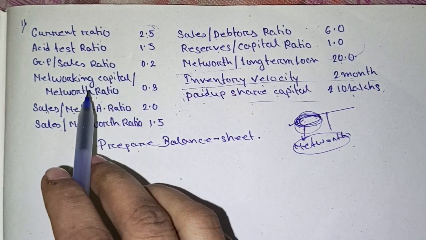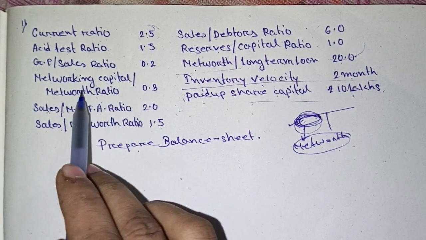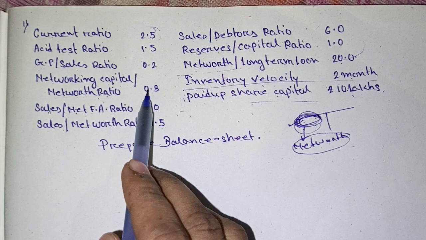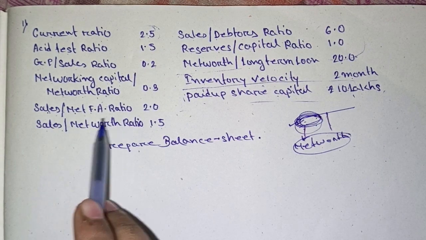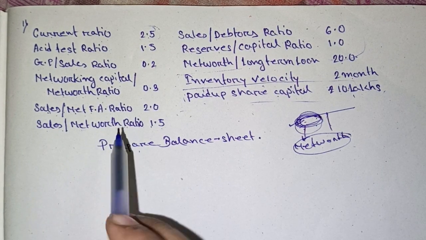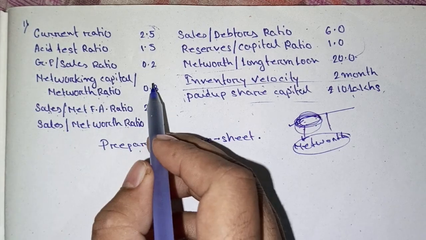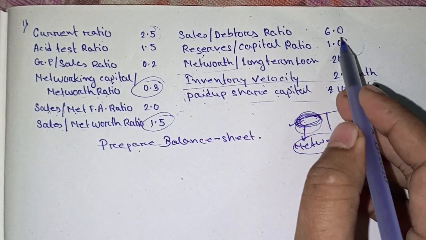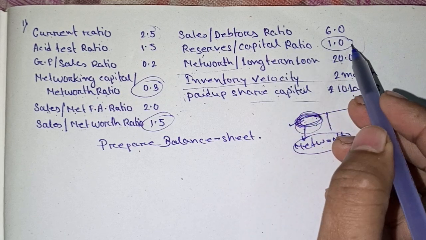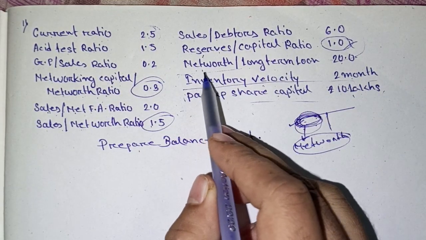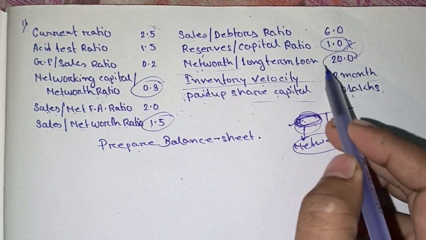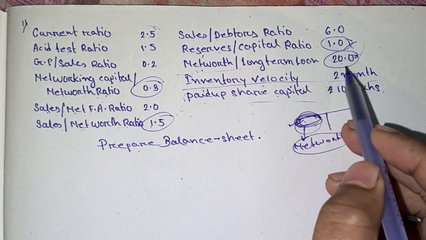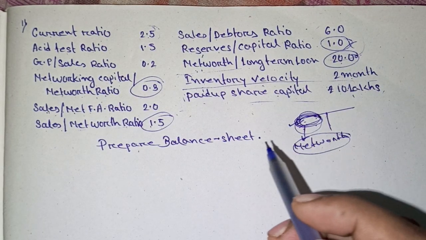Net worth is given here, and here. So our route is this one. We have three routes to enter this question.